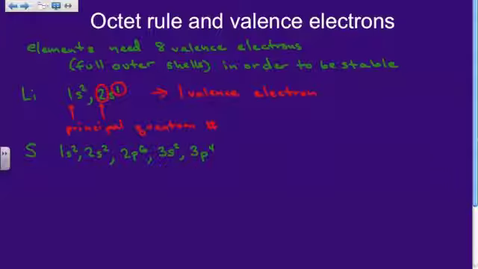In this case, the largest principal quantum number is 3. So, if we look at the electrons that are contained in that principal energy level, you see there are 2 and 4. So this means 2 plus 4, sulfur has 6 valence electrons.